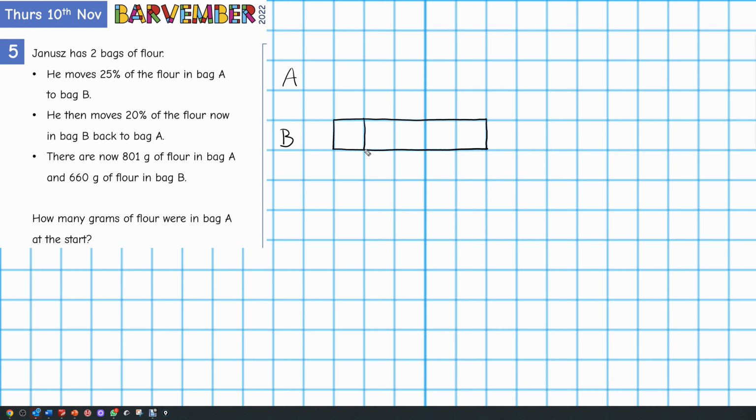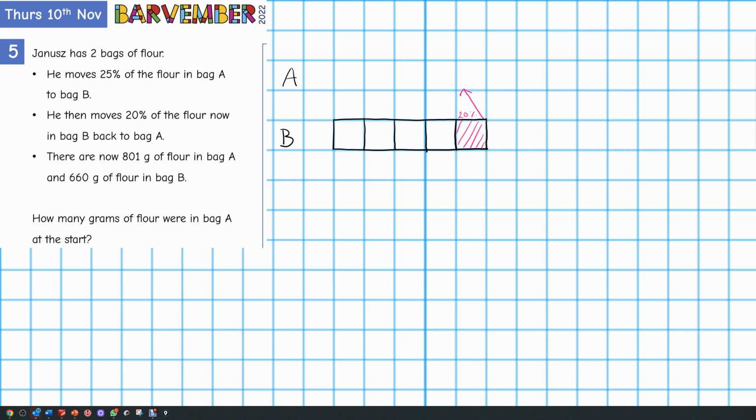So 1, 2, 3, 4, and 5. And he moves 20% of the flour back to A. So that's what I'm going to represent. There we go. This is that 20%. And that's going off to A.